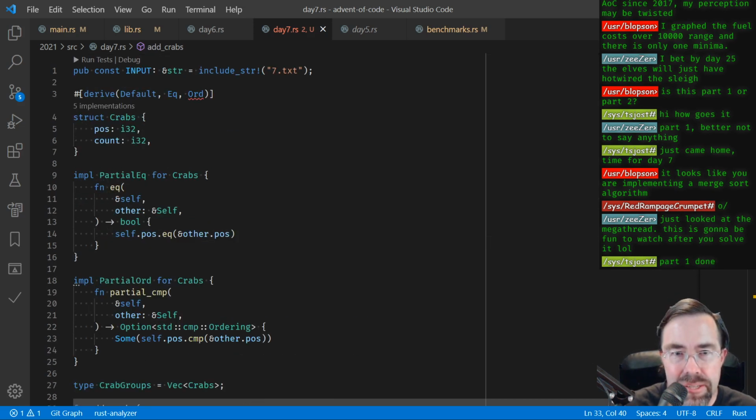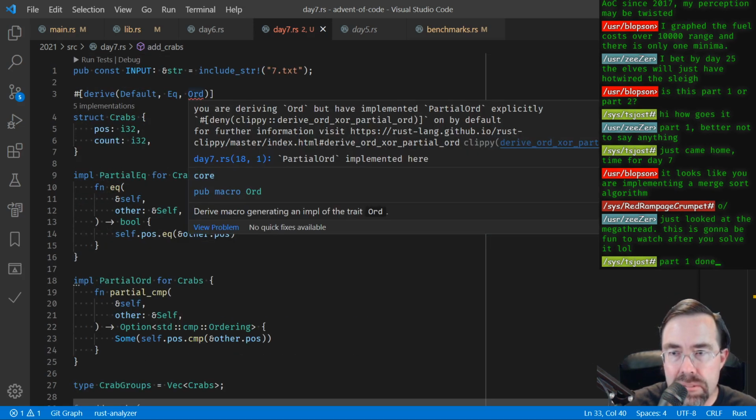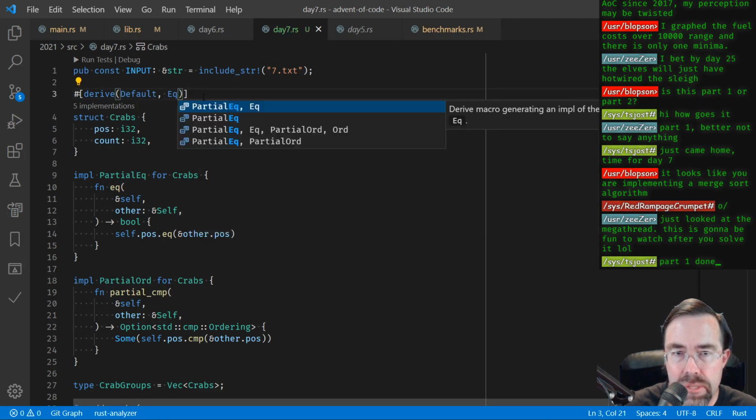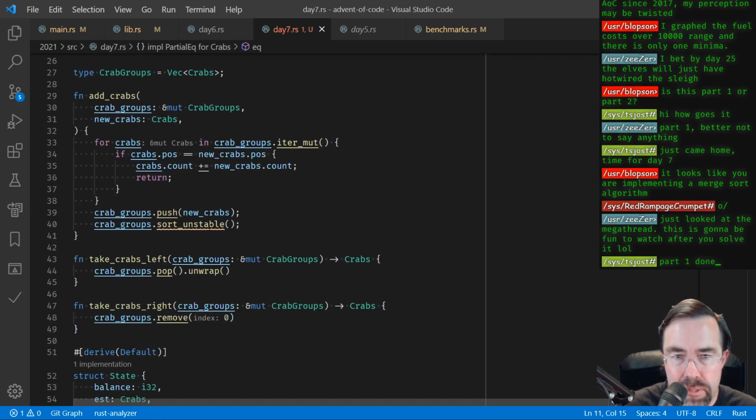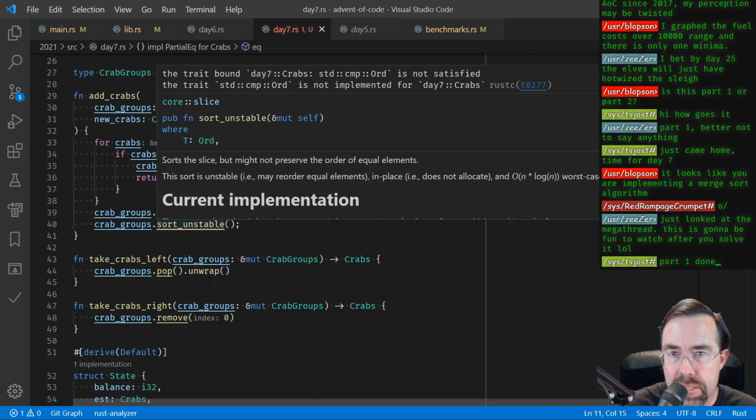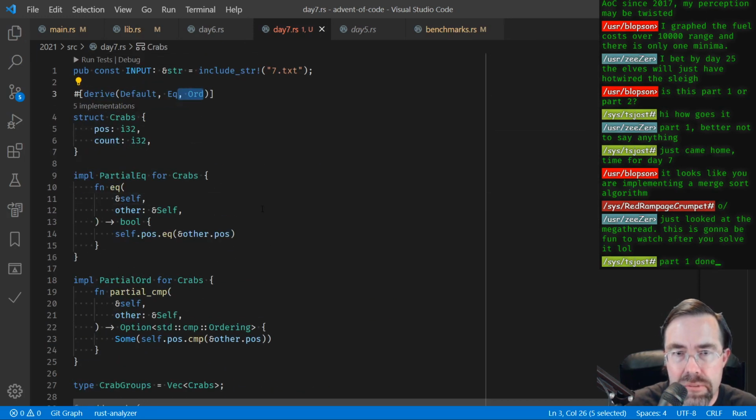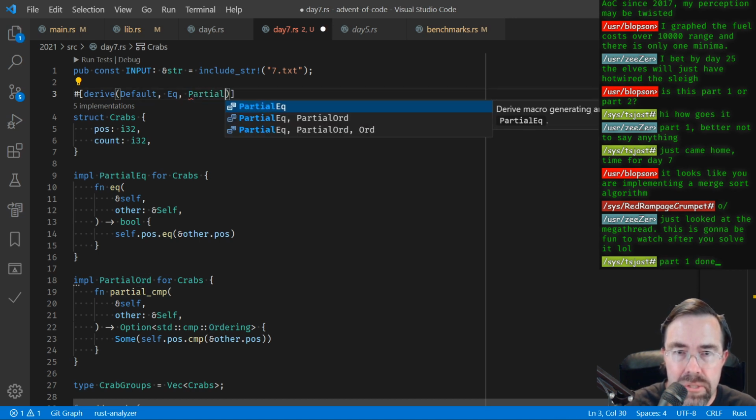I have one more error. What is it? You're deriving Ord, but I've implemented Ord explicitly, and so I don't need to do that? It's only Eq that has that weird thing? One other error. Sort unstable doesn't work because Ord's not satisfied. So this is saying I have to implement Ord explicitly? Is it the other way around, that I can implement PartialOrd if I implement Ord?